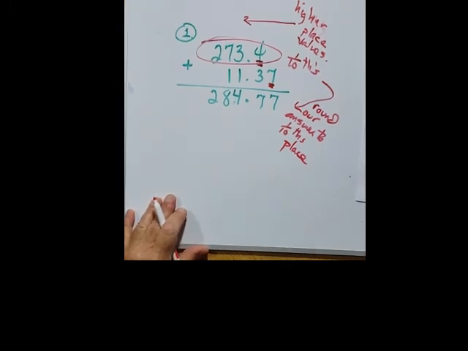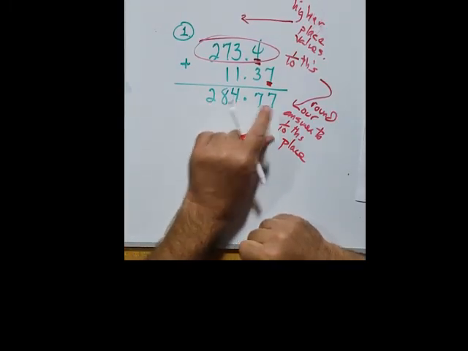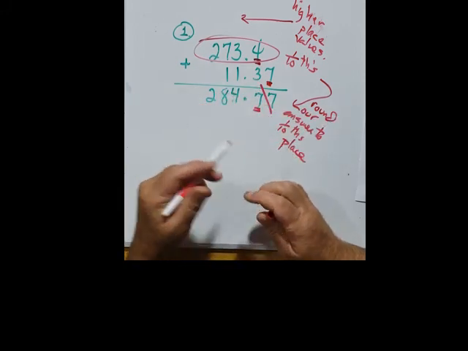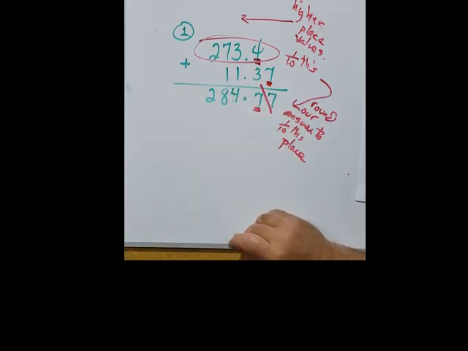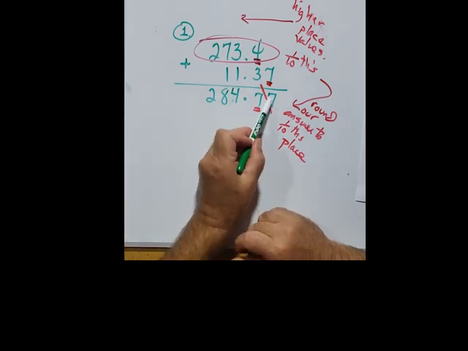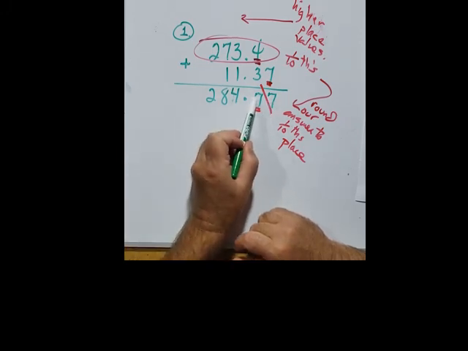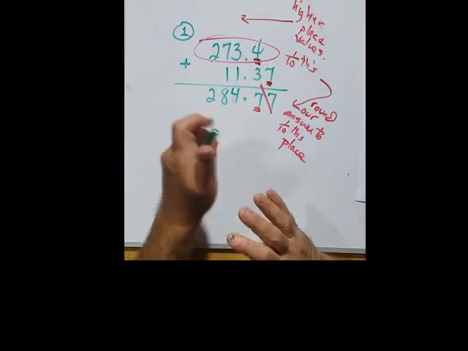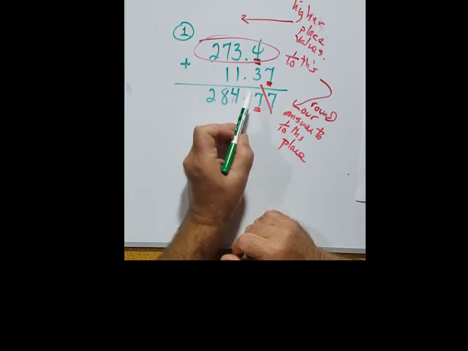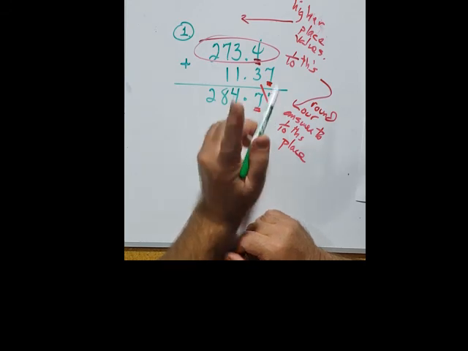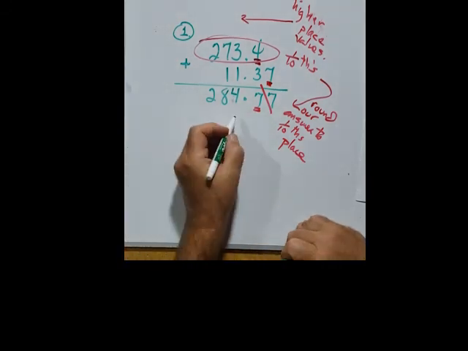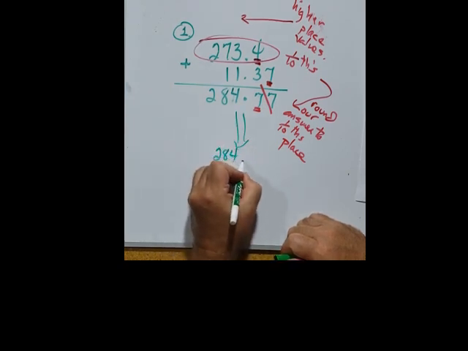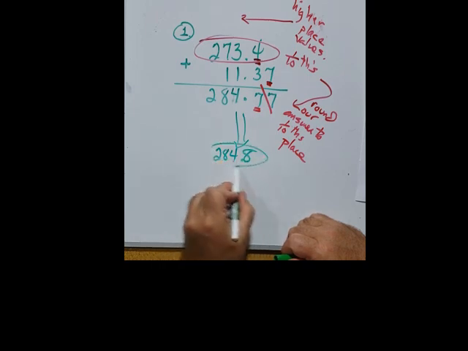So 284.77. Here's the tenths place, so we want to cut it off here, get rid of the 7. But of course we have to look at that 7 first and ask ourselves, will this 7 cause the previous digit to go up 1, or do we round it down, leave it the same? Well, 7 is 5 or greater, which means that the number in front of it gets rounded up. So the correct answer to this will in fact be 284.8. All right.